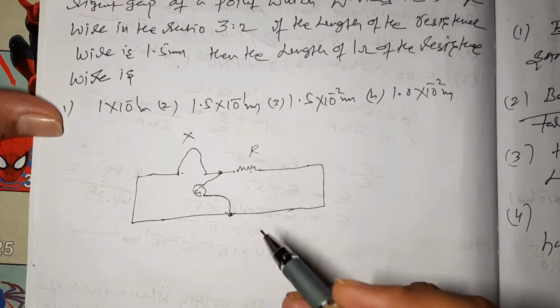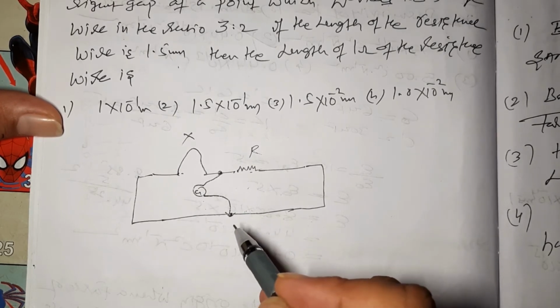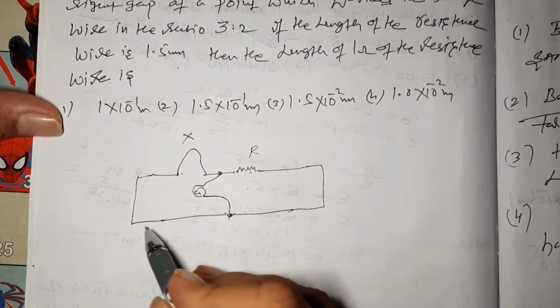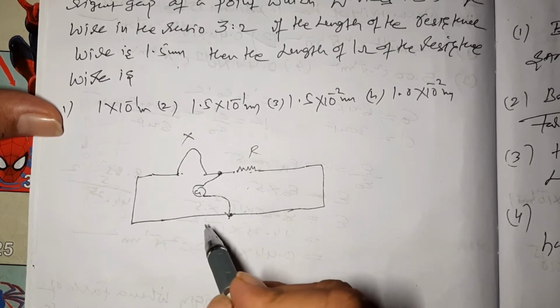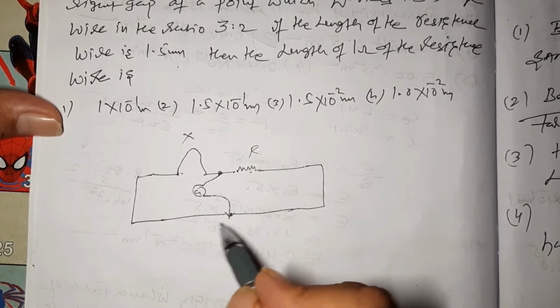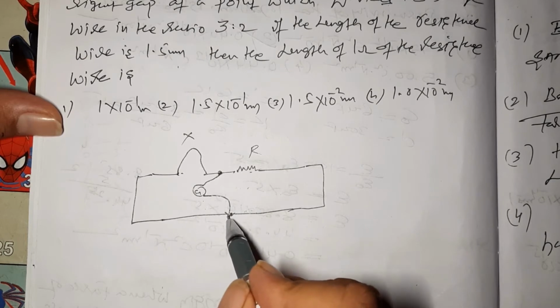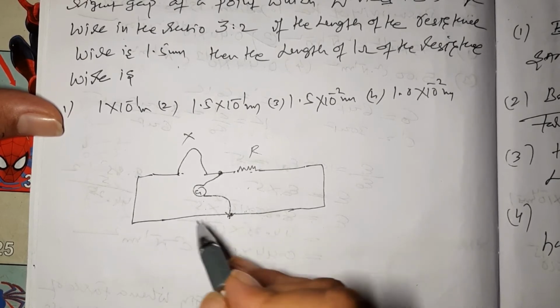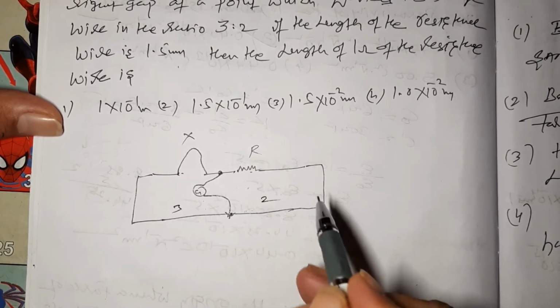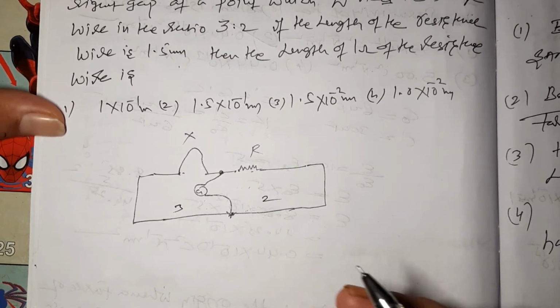Okay. So here this point balances the 10 ohm resistance, and this point divides this wire in 3:2 ratio.